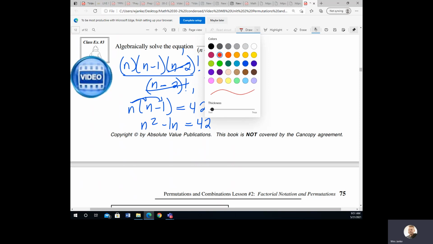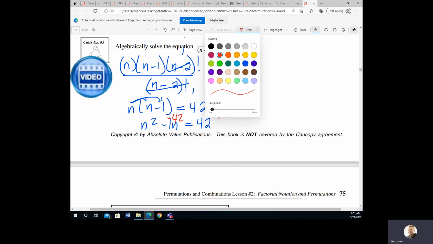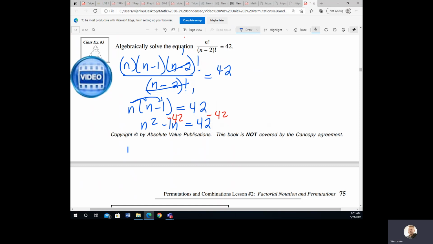So I'm going to subtract 42 from this side and subtract 42 from this side. So now I'm going to have n squared minus 1n minus 42 equals 0. Then, to solve this quadratic equation, we're going to factor.